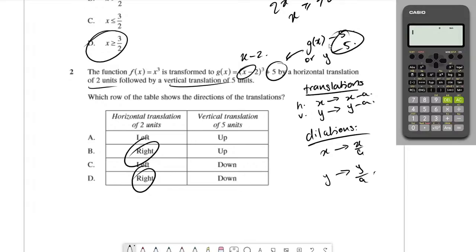So it's going to be a translation of 5 units up. The plus 5 on the end is essentially saying, take this function and shift it up 5 spots. So it's going to be this guy over here.